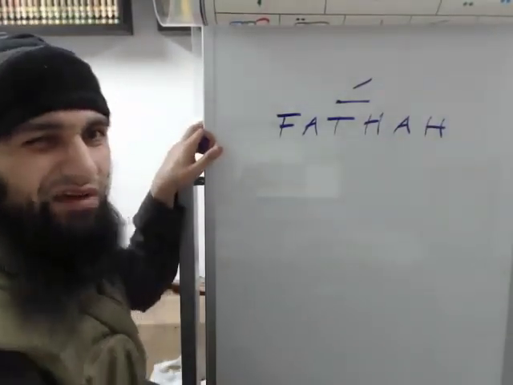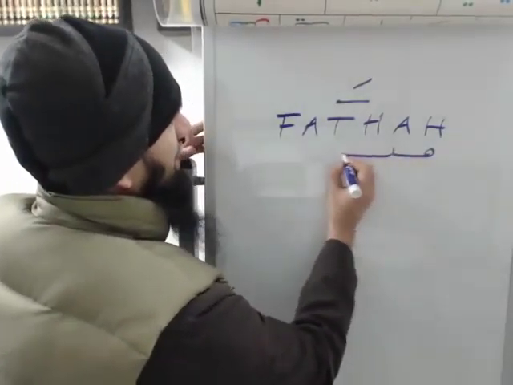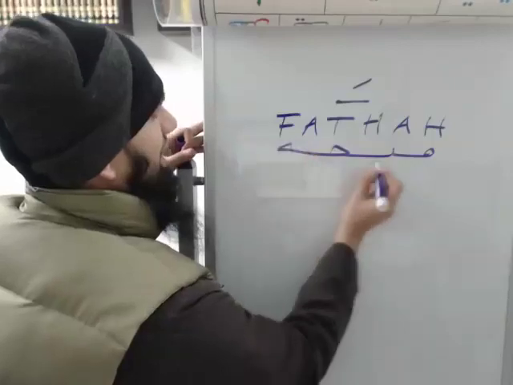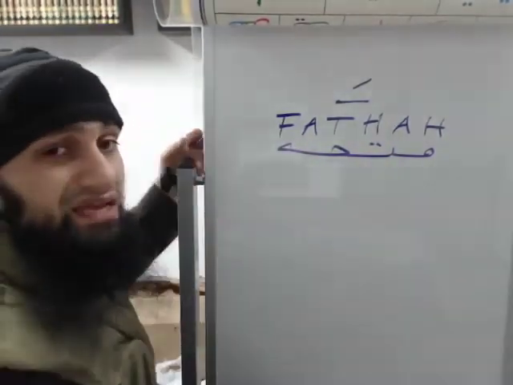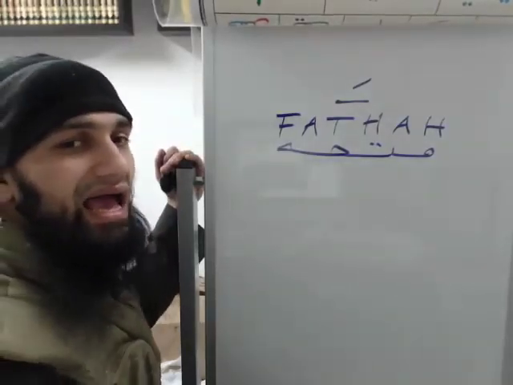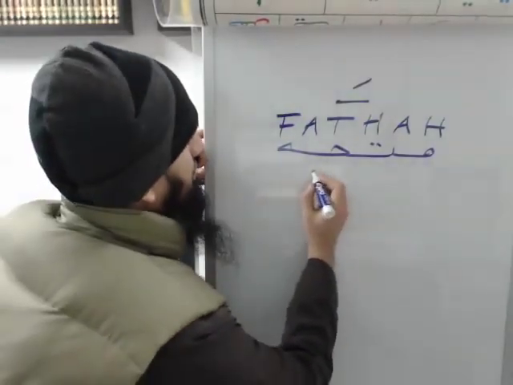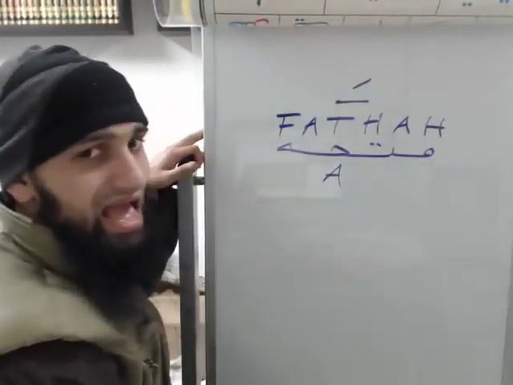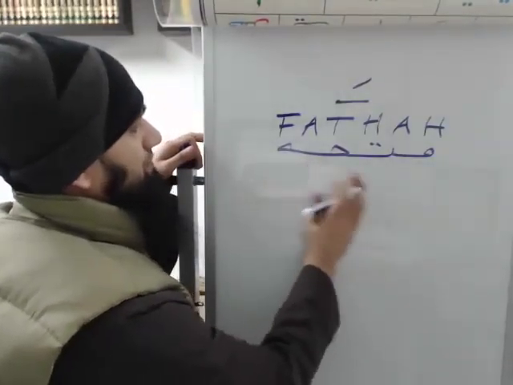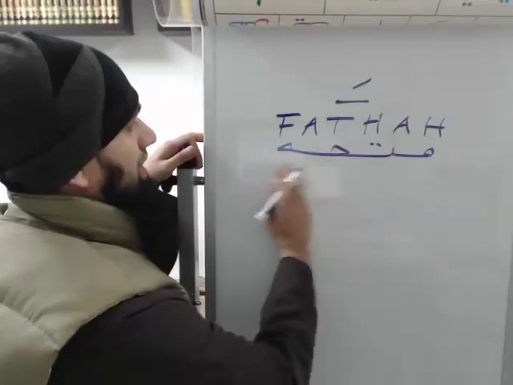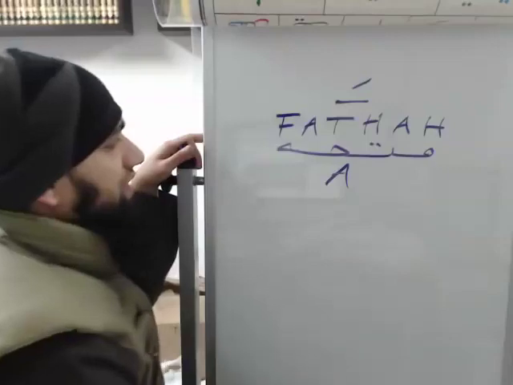Don't call it fatha with a soft t; I wrote the Arabic letters: fa, ta, ha, and ha. Fatha makes the sound A. It opens your mouth. A, like in air.